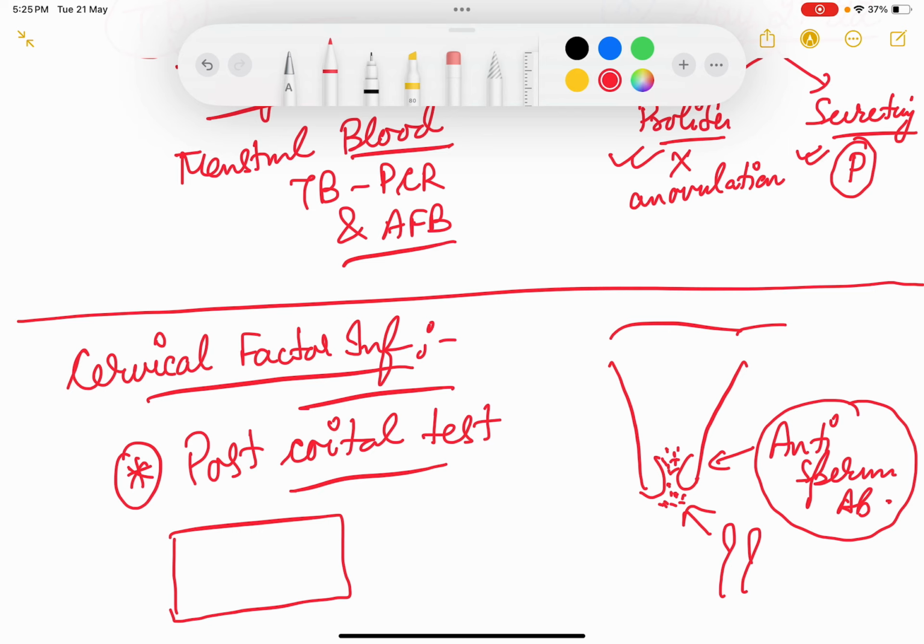If the smear consists of viable sperms, all the sperms are viable in the smear, then we say there is no anti-sperm antibody. But if the sperms have been made non-viable by the anti-sperm antibody, then these sperms will not have any progressive motility. Progressive motility will be lost in the cervical mucus. So it means there is anti-sperm antibody present.